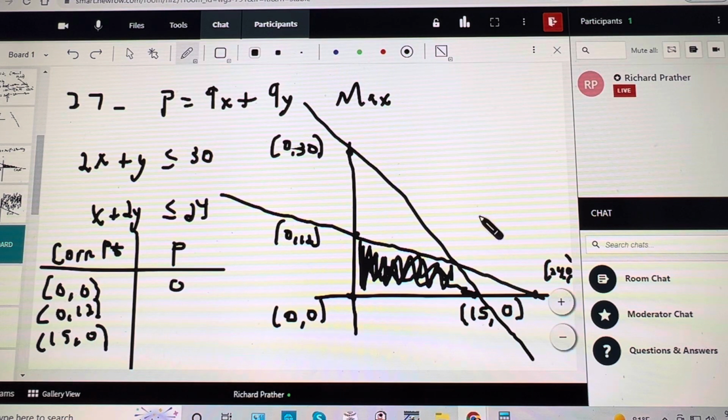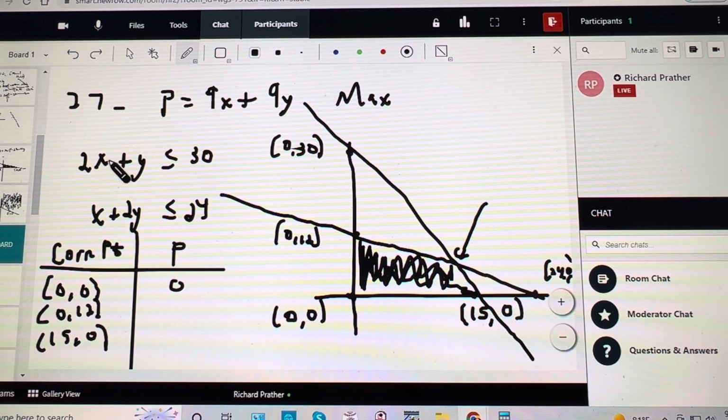But there's one more corner point that's hard to tell from my graph right there, where these two meet each other. And maybe if I had a computer graph, I could eyeball it, or maybe if I used graph paper, I could figure it out. So there is an algebraic way to tell. You solve these either for x or y. It really doesn't matter, it's whatever is easier. Neither one is easier because there's a 2 here and there's a 2 there.